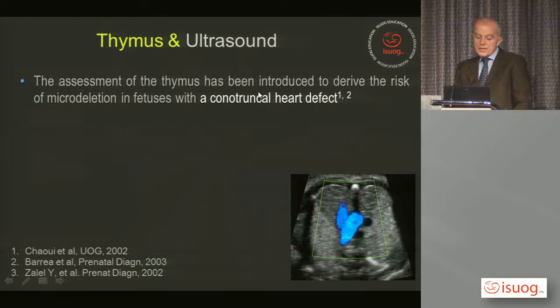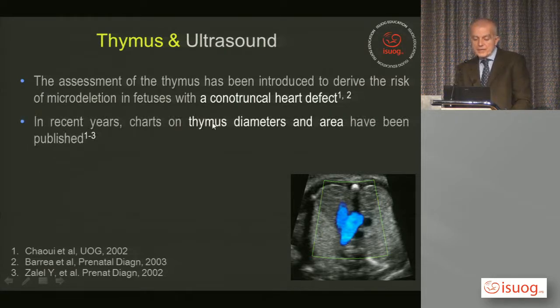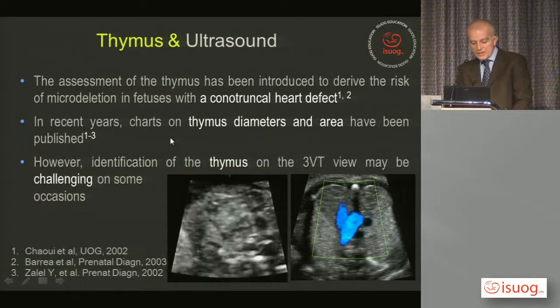The assessment of the thymus, as I was telling you, has been introduced to derive the risk of microdeletion in fetuses in which a conotruncal malformation had already been detected. And to this extent, to objectivate the presence of thymus hypoplasia, the literature also presents some papers describing diameters and area across gestation.